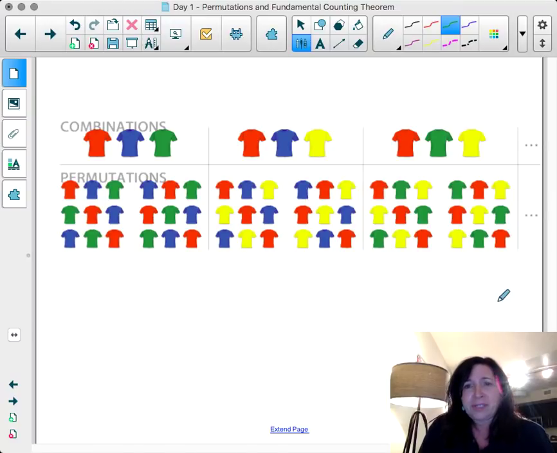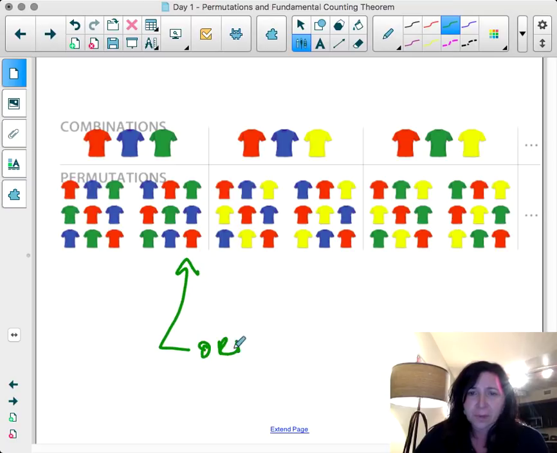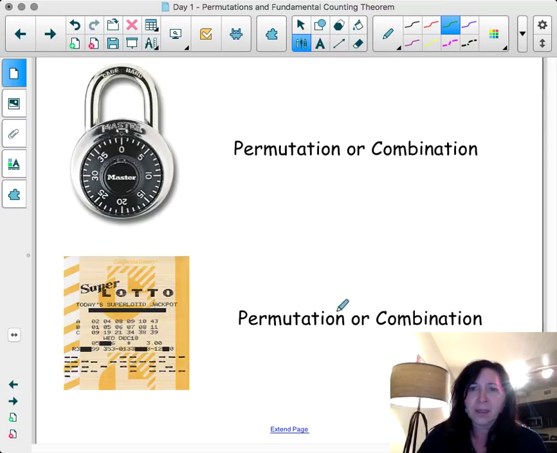So, for example, like with T-shirts, how many different ways can you wear the T-shirts? Well, it's very specific, and for permutations, order matters. So for these ones right here, order matters. And that's a big deal. Is this a permutation or a combination?